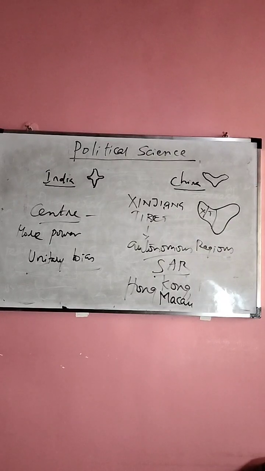So we can arrive at a conclusion that even though China is unitary, it devolves power to a substantial extent. It also has systems called autonomous regions and special administrative regions. If you use the traditional model of federalism, we are not able to understand the reality. But if you go for the modern approach, you are able to see the realities. Autonomous regions and special administrative regions are concepts specific to China.